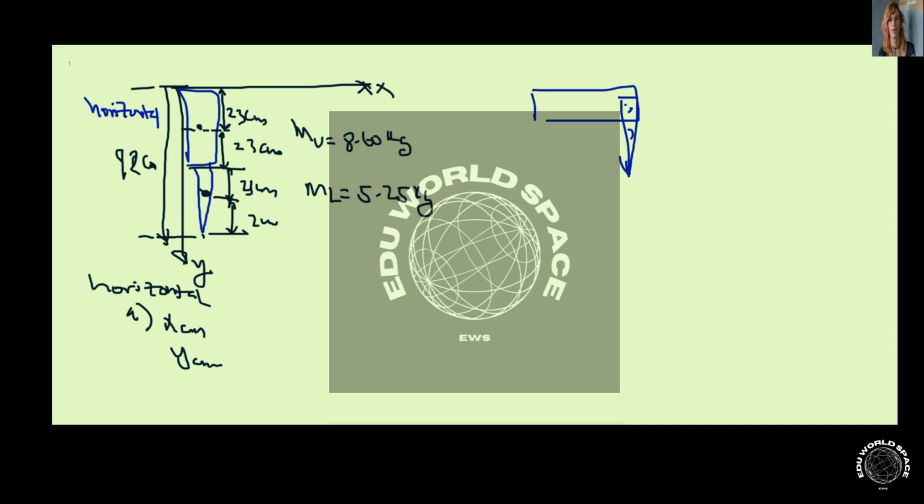So you have the upper and the lower leg. This is the center, and that's the center. And so this one is your y, and this one is your x. This distance is still giving us 23.